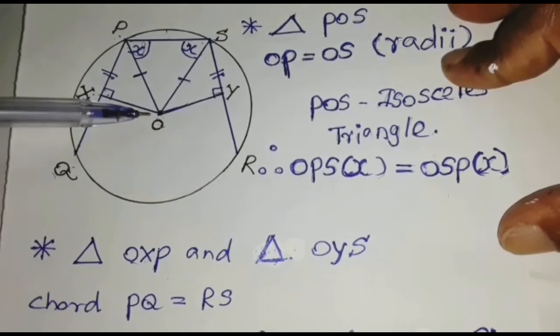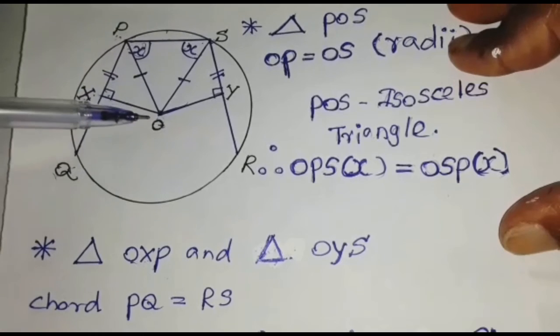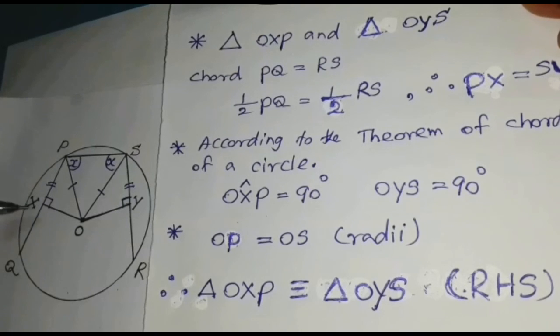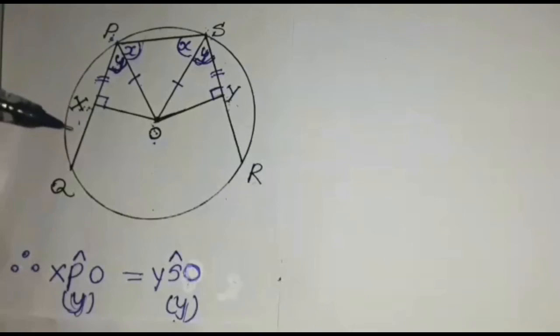In this figure, OP is a radius and OS is also a radius. Now we can see triangle OXP is congruent to triangle OYS because of RHS: right angle, hypotenuse and one side.